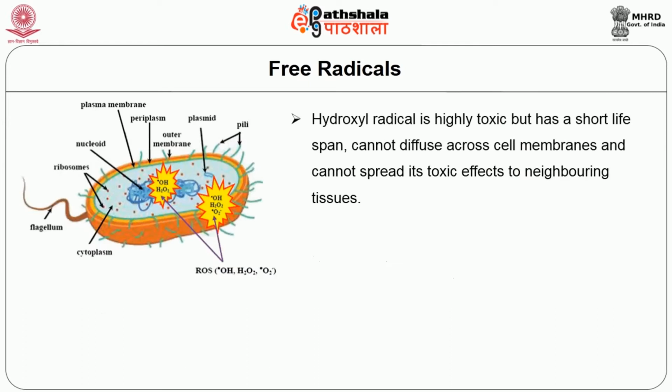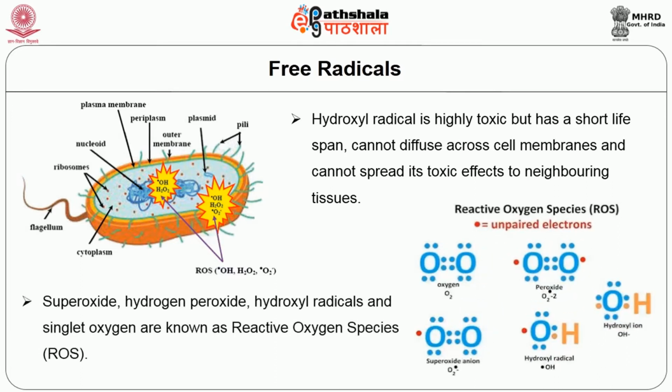Hydroxyl radical is highly toxic but has a short lifespan, cannot diffuse across cell membranes and cannot spread its toxic effects to neighboring tissues. Superoxide, hydrogen peroxide, hydroxyl radicals and singlet oxygen are known as reactive oxygen species.